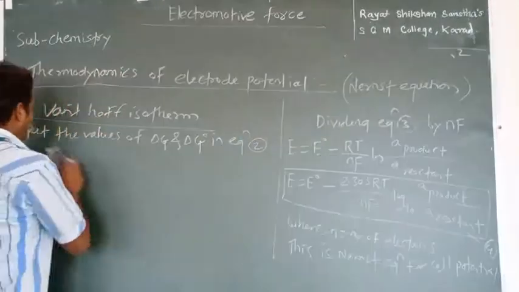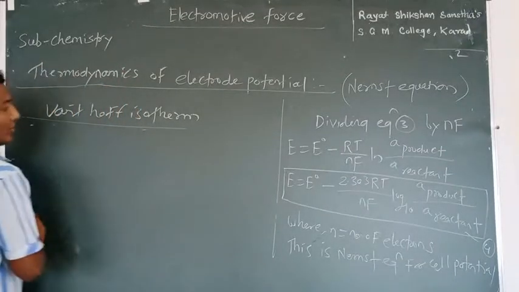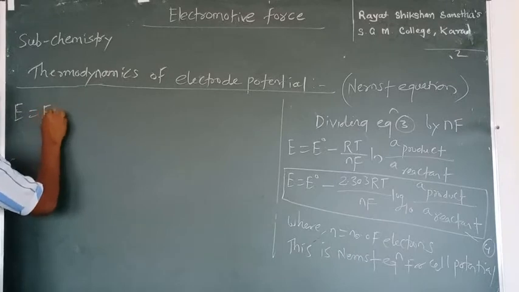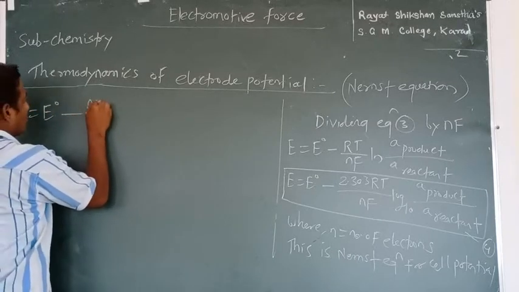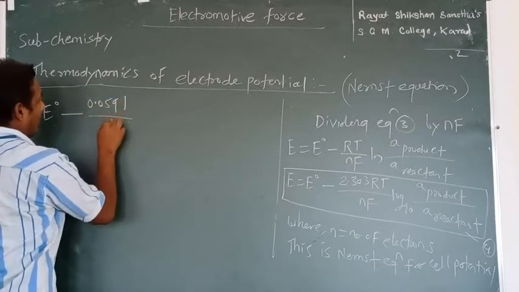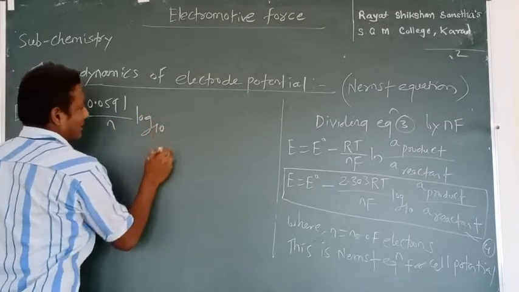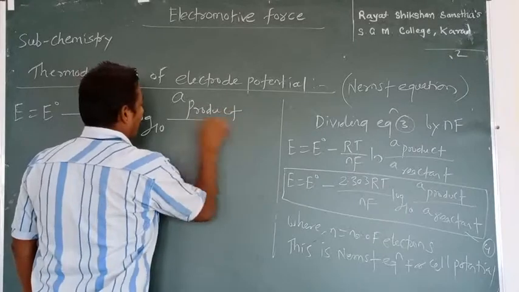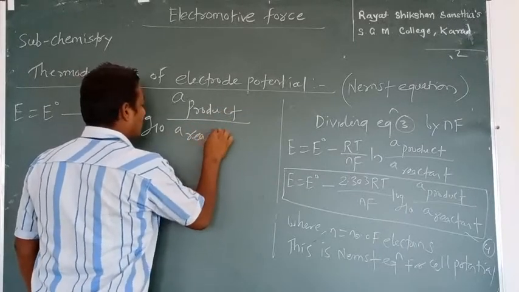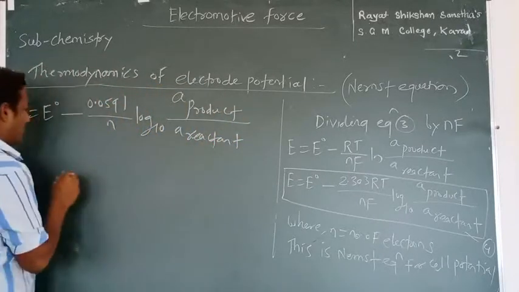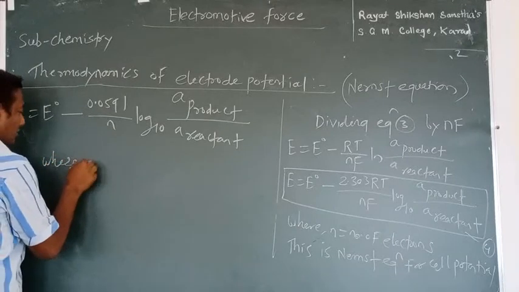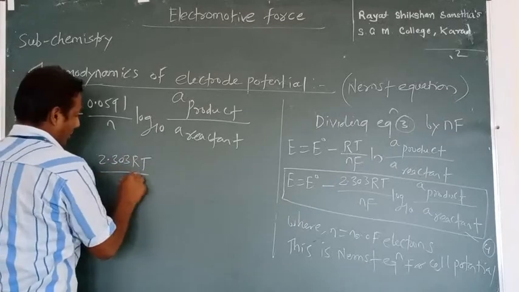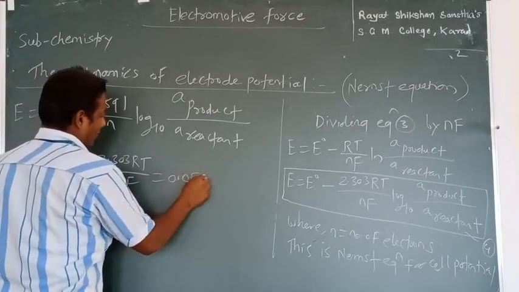We can also write this equation in one more form. E is equal to E0 minus 0.0591 divided by n log to the base 10 activity of product divided by activity of reactant. Very simple. Where 2.303 RT upon F is nothing but 0.0591.